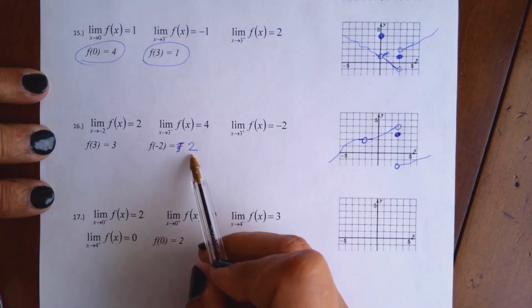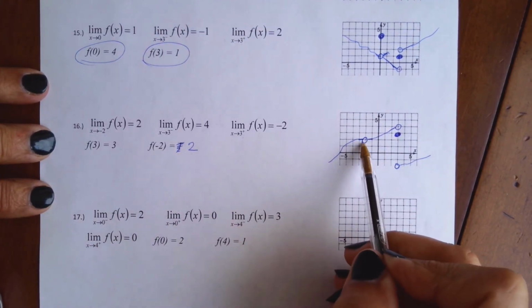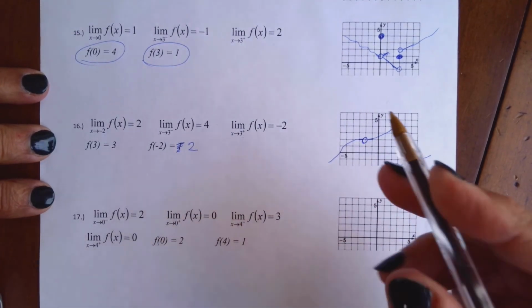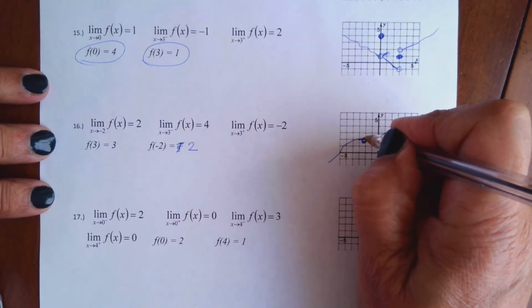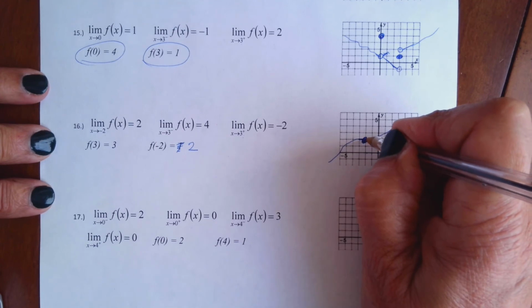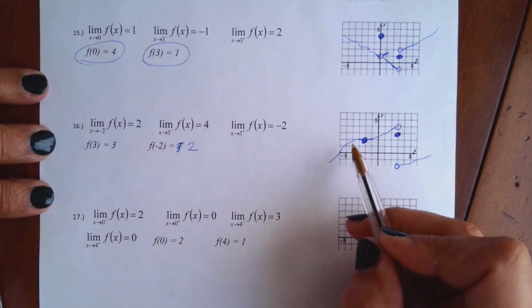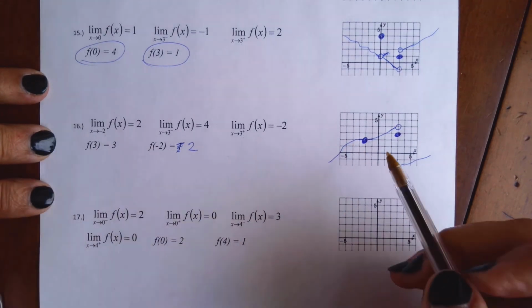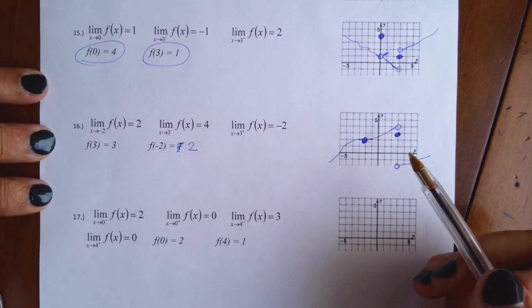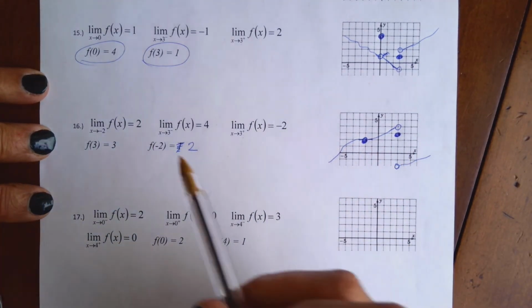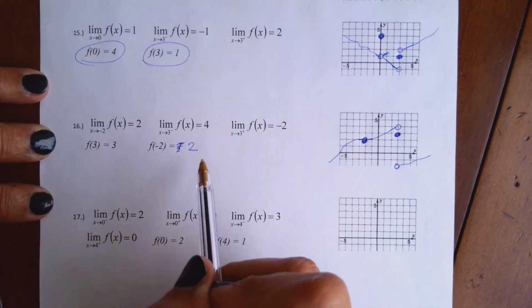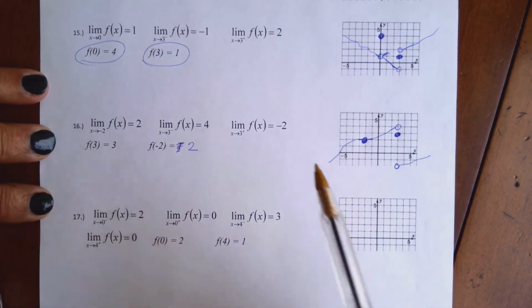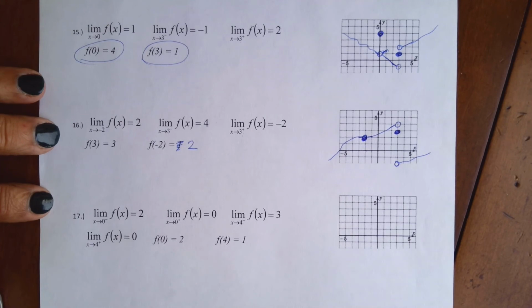If the function value happens to be the open circle, then now that's an ordered pair, so I would plug that in. Now the function value and the limits are both the same. That can happen. But what you need to understand is, you have to go with what's given to you as a function value, and what's given to you as a limit.